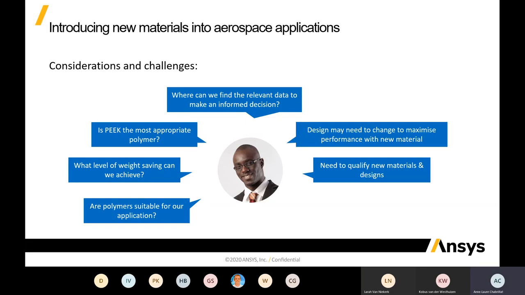How can I find information on all this data I need to make my decision? And if I optimize, how can I make sure that the design is then optimized to meet the possibility of this new material? Is there a need to qualify that new material? And are there any existing qualified materials?